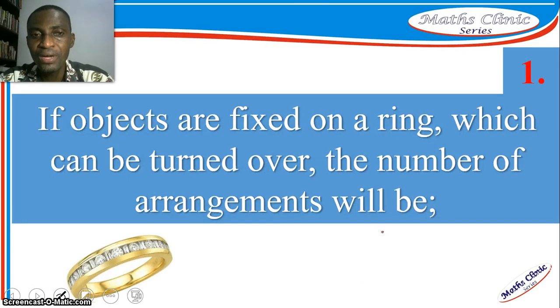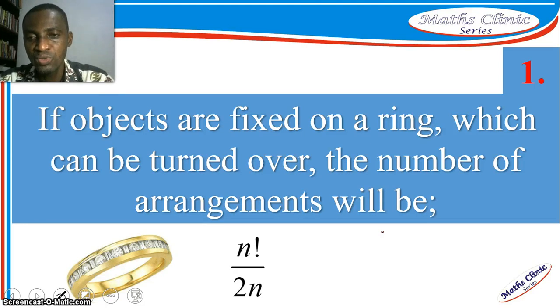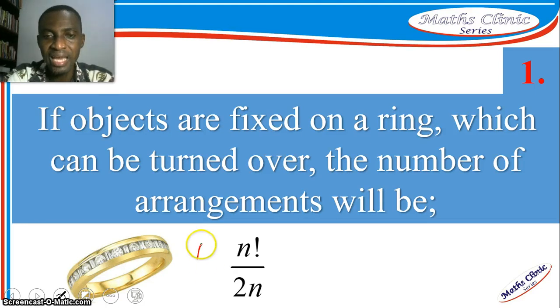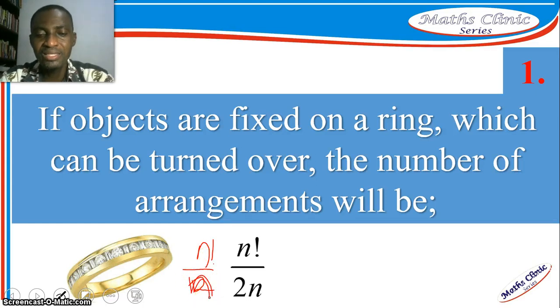So here we are saying that if objects are fixed on a ring which can be turned over, the number of ways of arranging will be n factorial over n times 2. If it is a circle, it is n factorial over n. But because a ring can be turned over, that becomes times 2.